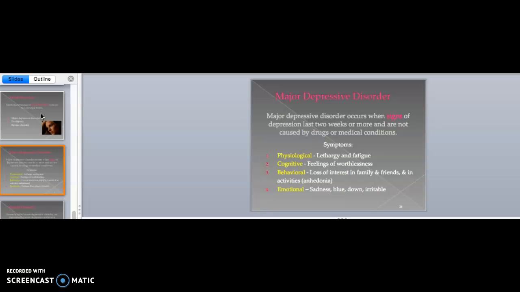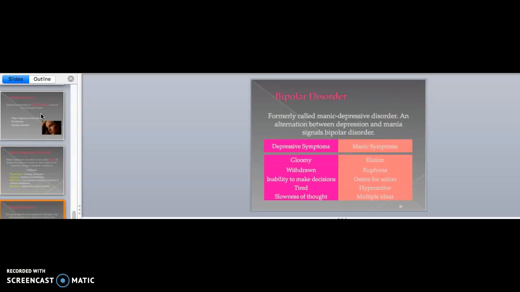As we move forward, we're going to be talking about bipolar disorder. The interesting thing about bipolar disorder is that it's got the MDD, all the depression symptoms, but it's also got a whole other side to it, the manic side. Depression usually involves someone feeling gloomy, down, withdrawn, maybe unable to make decisions.